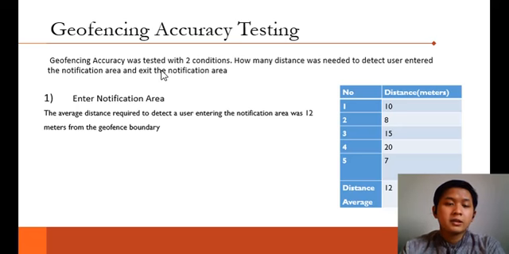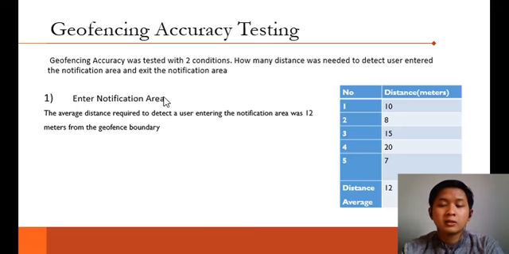The average distance required to detect a user entering the notification area was 12 meters from the given boundary. After 5 tries, we get the distance average of 12 meters.